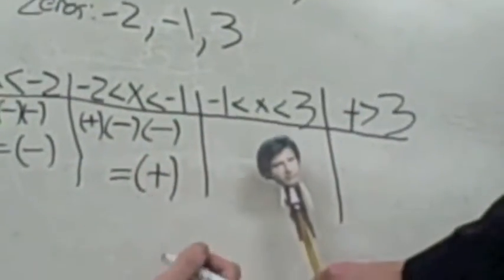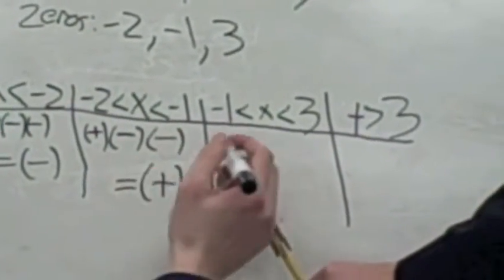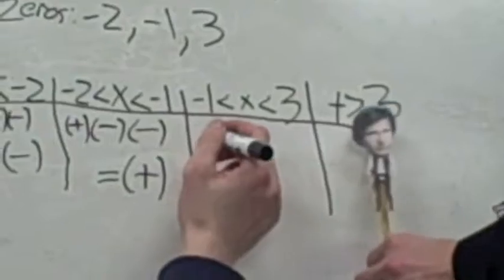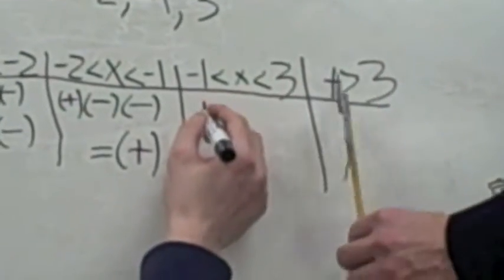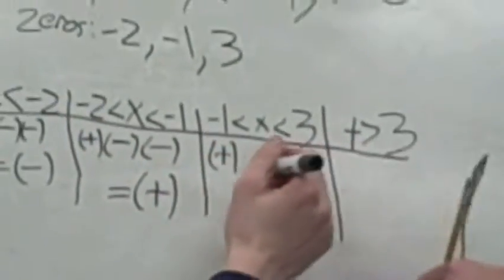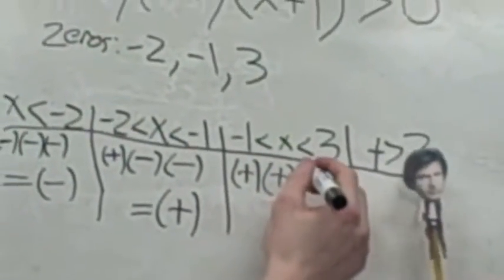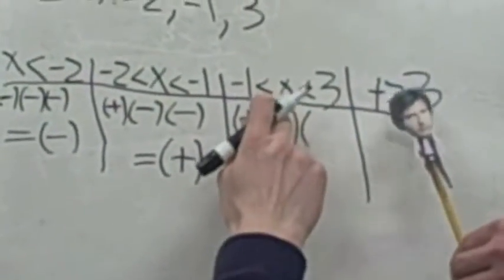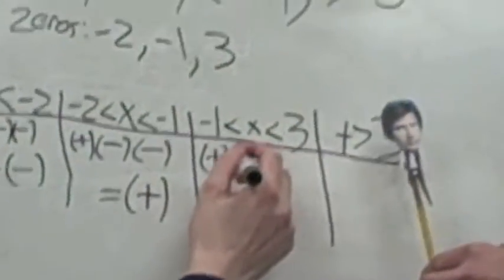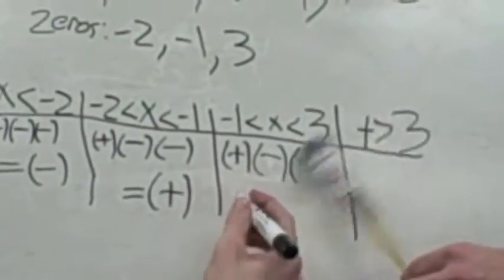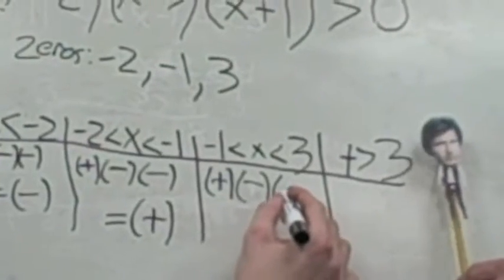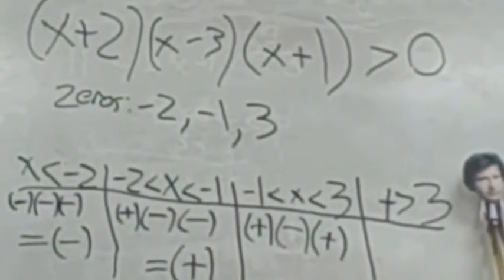For the third interval, we can choose 1. 1 plus 2 is positive. Sorry, 1 minus 3 is negative. And 1 plus 1 is positive, making this sign negative.